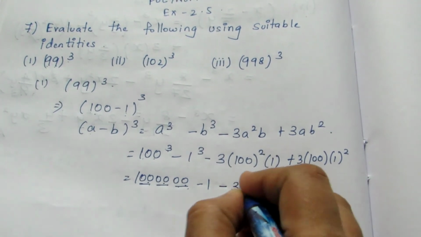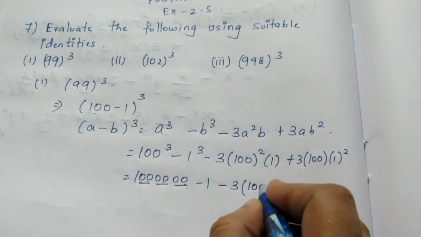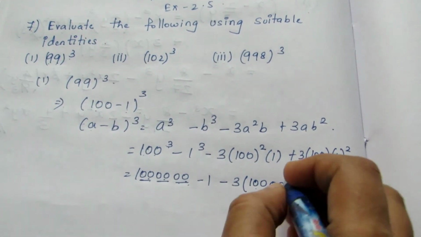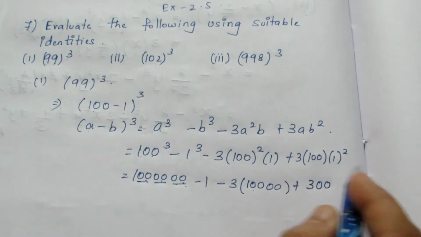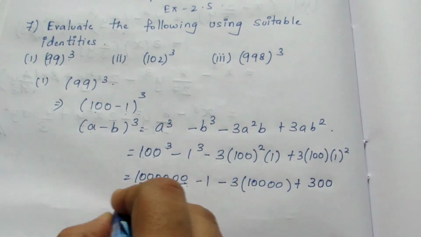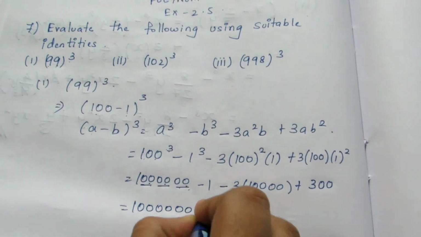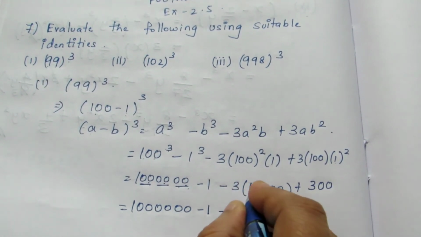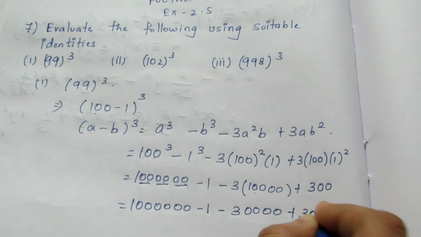So minus 3 into 100 square, as I told before, it is 100 one time and two times. Plus here 3 into 100 will become 300, into 1 you will have the same number, so no problem. It becomes minus 1 minus 3 into 10000 plus 300. Solve all the like terms.